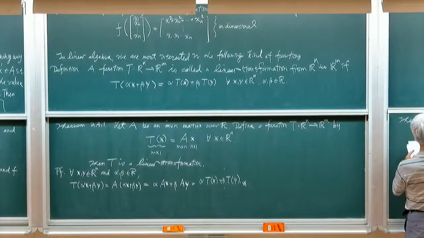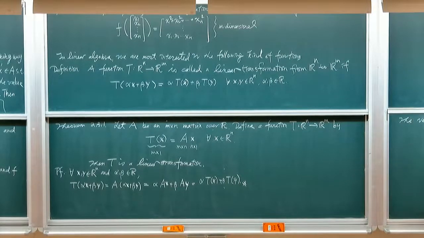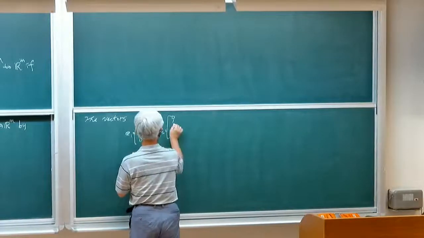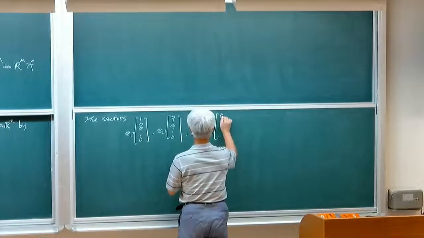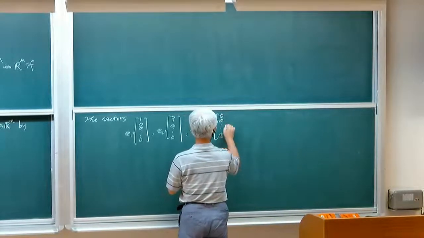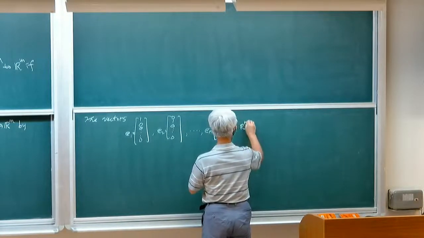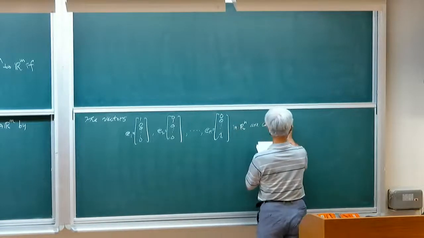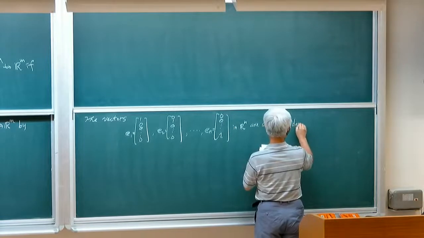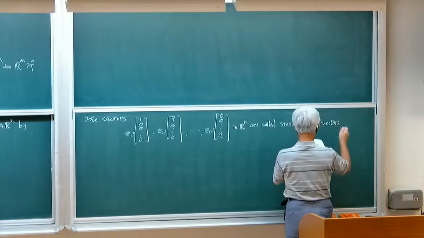So the vectors e1 = (1, 0, ..., 0), e2 = (0, 1, 0, ..., 0), up to en = (0, ..., 0, 1) in Rn are called standard unit vectors in Rn.